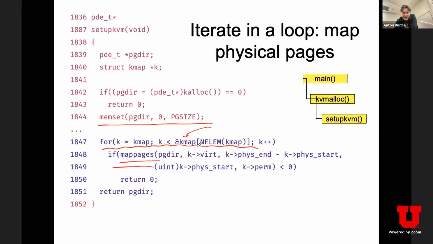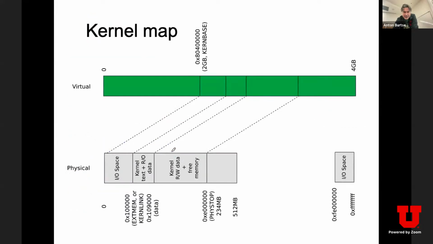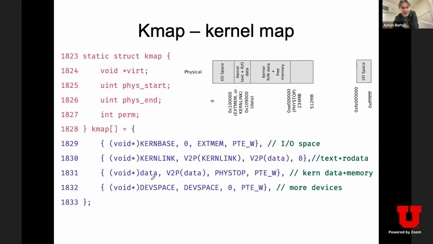They use a helper data structure, which is called kmap, a map of the address space. What this kmap specifically defines is those regions. It says, okay, I will only have four entries: entry number 1, entry number 2, entry number 3, and entry number 4. If you look at the data structure itself, it's a simple data structure.